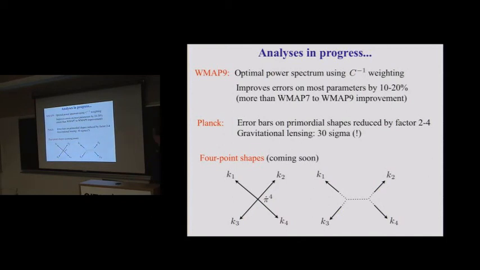I'm currently working on the Planck collaboration to evaluate some of these statistics in Planck, which has been really addictive, to take these old WMAP programs and run them on Planck and just see error bars magically come out that are smaller by a factor of a few. Gravitational lensing, for example, is 30 sigma in Planck, but it's only 3 sigma in WMAP. And a paper that we're about to put out is doing all of this for the 4-point function. There are some examples of models where the non-Gaussianity shows up first in the 4-point function.